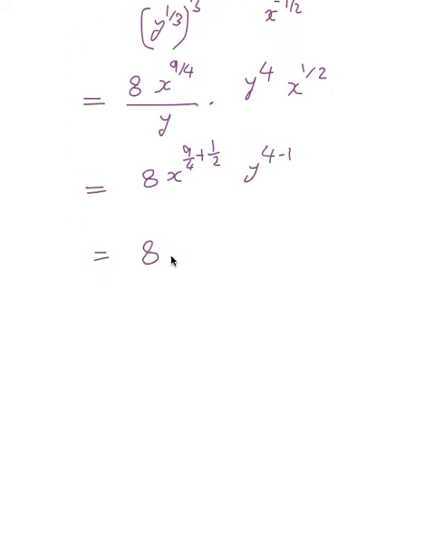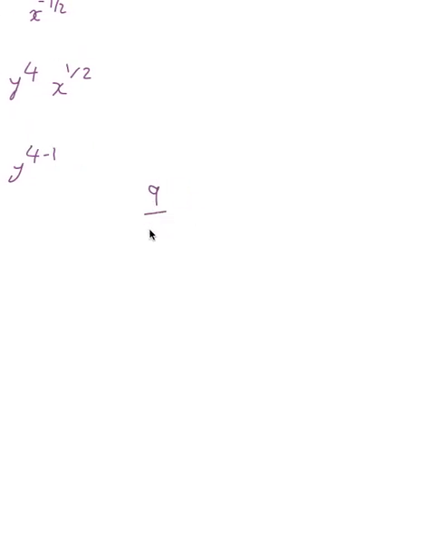Now 8 x to the power 9 upon 4 plus 1 upon 2, we can solve here. In this fraction we do not have the same denominator, and whenever we add or subtract fractions, we have to make the same denominator. So here we have to multiply by 2.